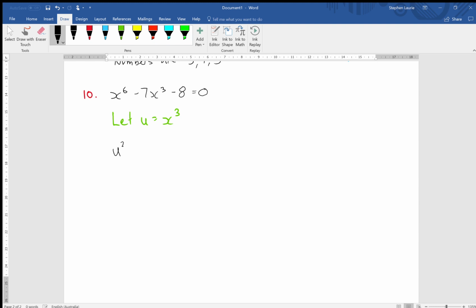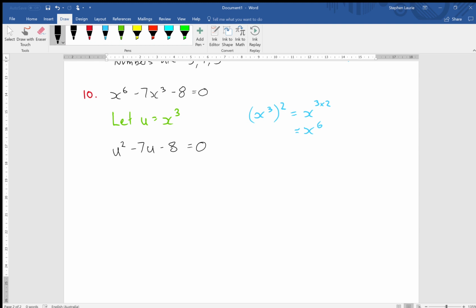Well, we get u squared minus 7u minus 8 equals 0. If you're not sure about the u squared bit, just think, if we have x cubed but we square it, based on our index laws, that's x to the power of 3 times 2, which is x to the 6. So x to the 6 is just u squared.